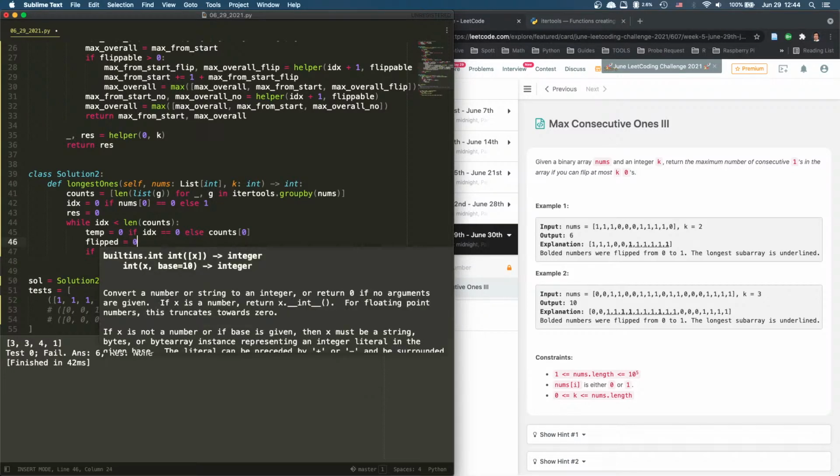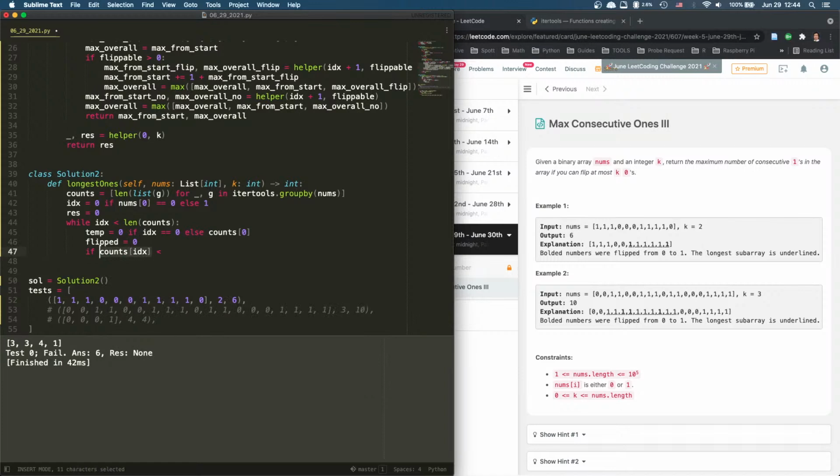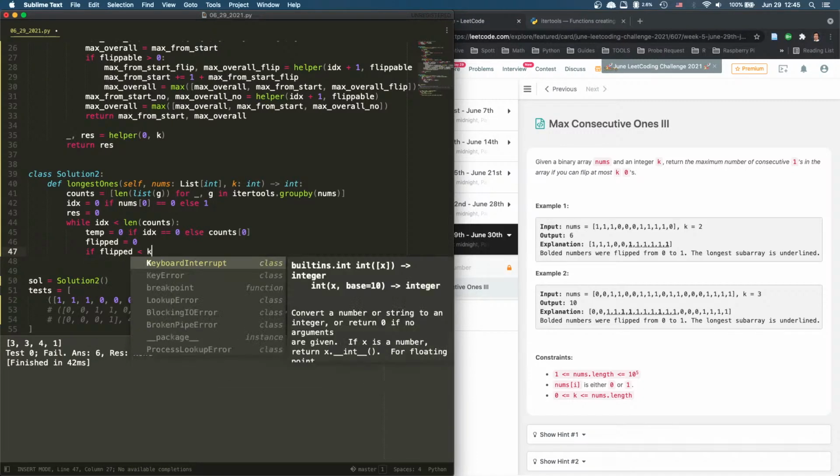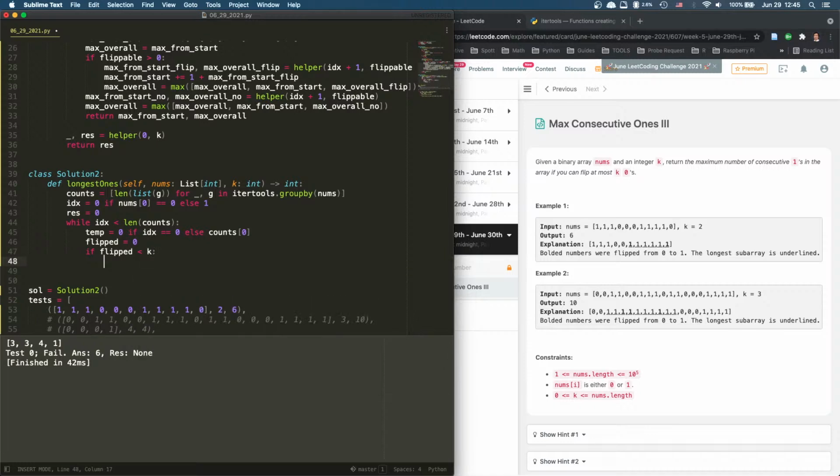Every time we go, flipped equals 0, right? So we just say if flipped is smaller than k, right? If flipped is smaller than k, then we say, not flipped, flippable. Flippable equals k.